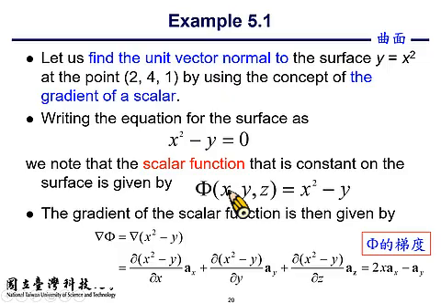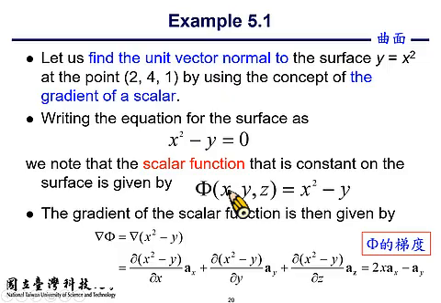So we have an equation representing the surface which can be defined as x squared minus y equals 0. So that's your function. And this is a scalar function because you don't have ax, ay, and az. You don't have projection on the x, y, z direction. So the function itself is relatively simple, just x squared minus y. And what is the gradient of this? Well, it's not that difficult. It's just taking the partial differentiation in the Cartesian coordinate system like this.